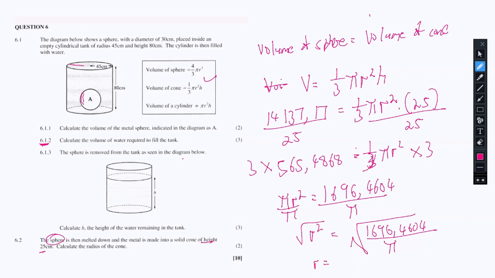If I punch that into my calculator, my radius becomes 23.24 centimeters, rounded off to 2 decimal places. Okay. So that's how you were just supposed to do your math right there.